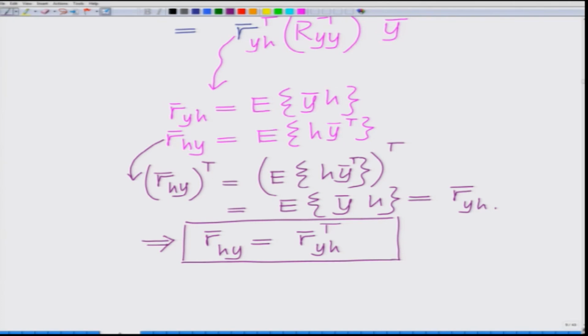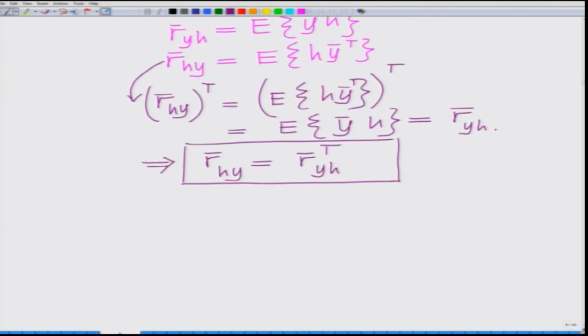Further, now if you look at this quantity R YY inverse transpose, realize that R YY equals expected Y bar Y bar transpose. This is a symmetric quantity, correct.